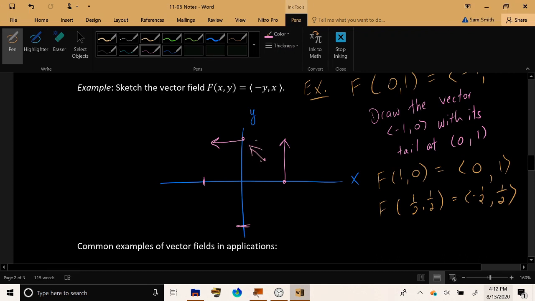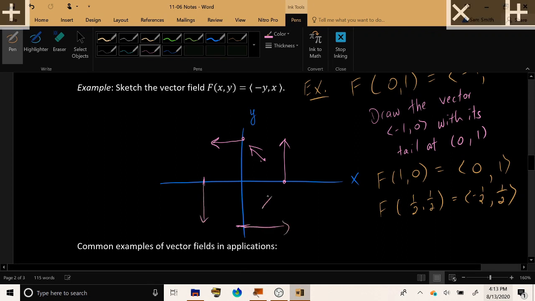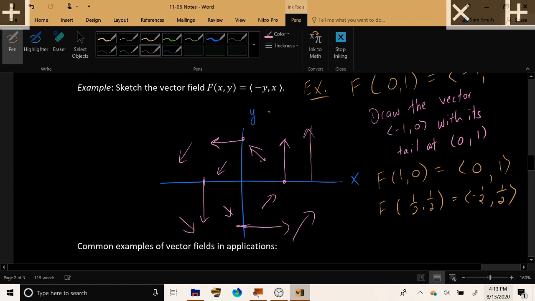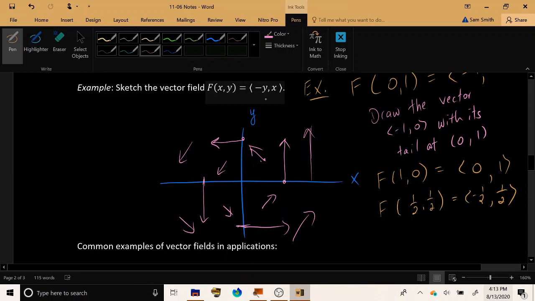Now, sketching a vector field means drawing in several such vectors. Not so many that the graph becomes hard to understand, but enough that you begin to understand a general pattern. For example, I might do a couple of these, and that vector will point to the bottom right. I might do a couple more, just enough to see this circulating, swirling pattern in the vector field.